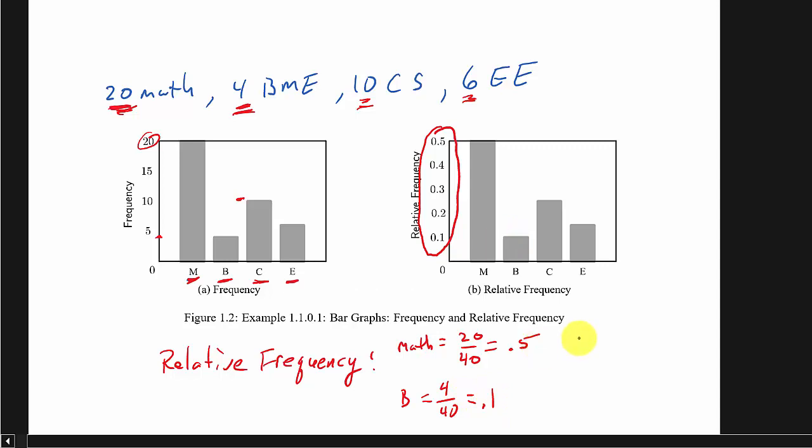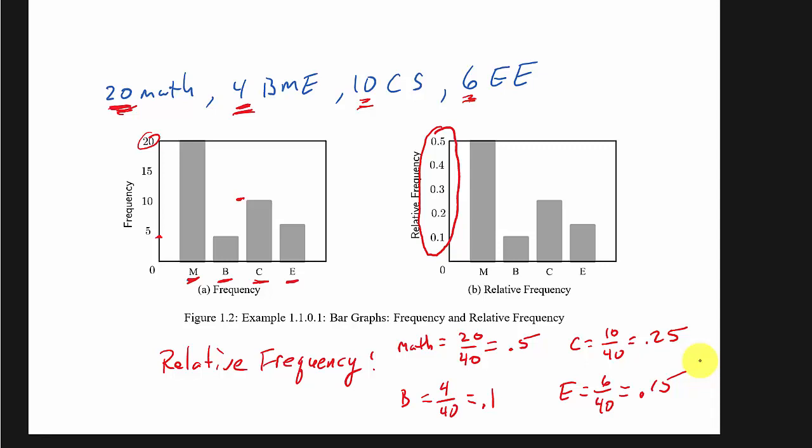And then the computer science, that would be 10 over 40, which would be 0.25, and there's the height of that bar. And then the electrical, that would be 6 over 40. Let's see, 6 divided by 40, that would be 0.15, and that gives us the heights, and that's how you calculate the relative frequency.